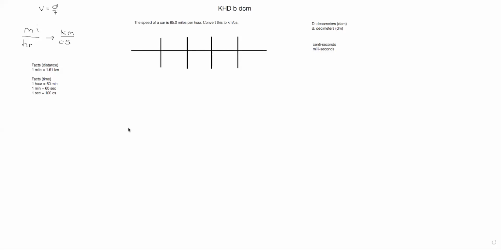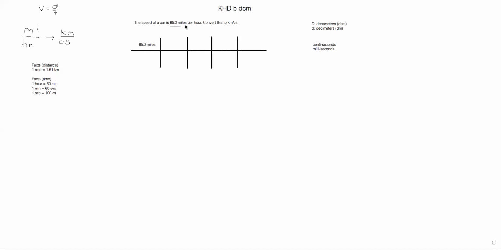So we're given 65 miles. And we also have hours attached to that. The word per, like I said, indicates a rate. So this is a number of miles per hour. It's a number of miles traveled for every hour. Whenever you have one thing per another thing, you write it like this.